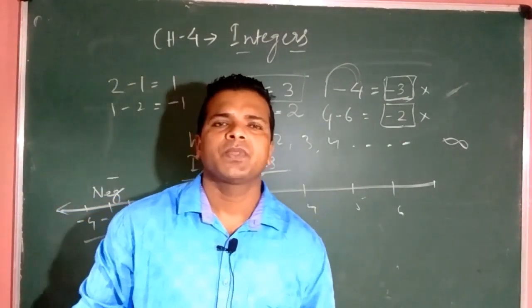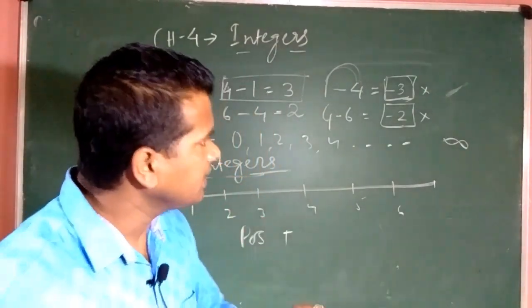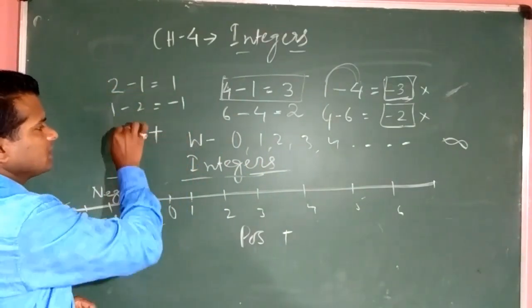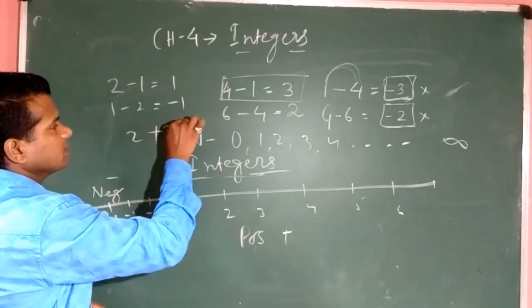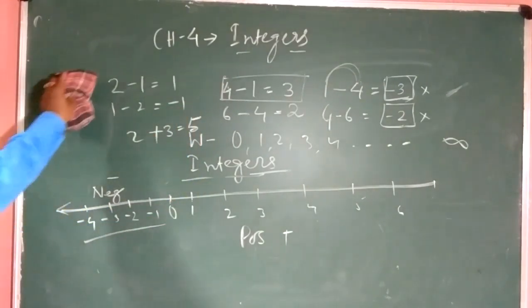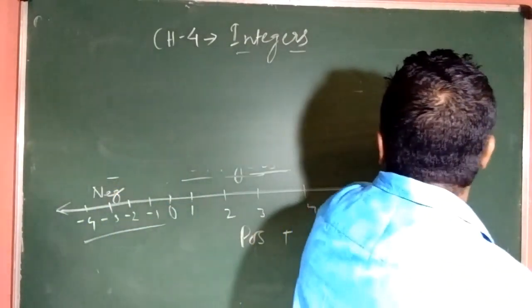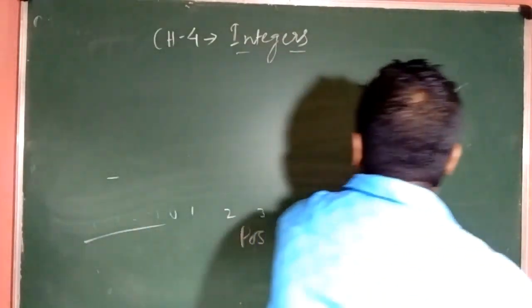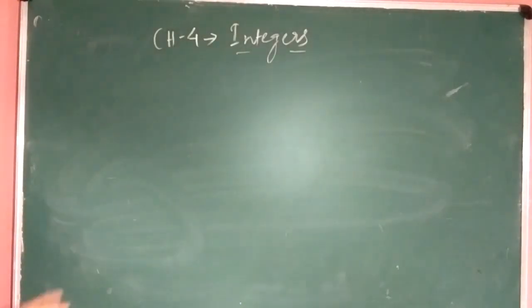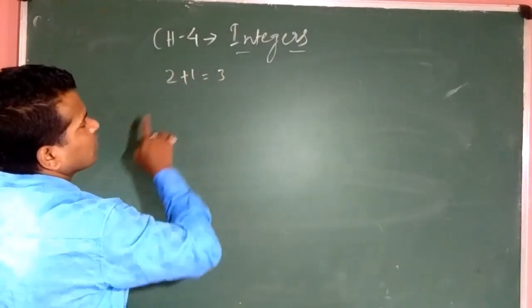Why, you know? Because we always take the sign, plus or minus. Like 2 plus 3, how much? 5. If it is 2 plus 1, so 3. Why?